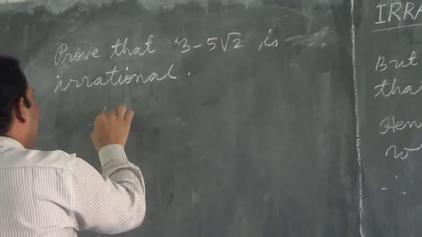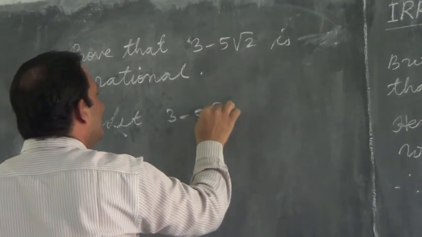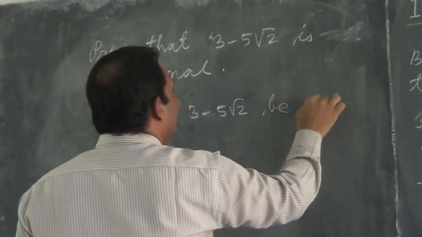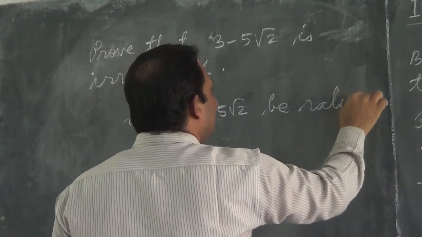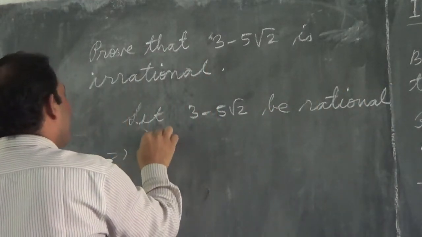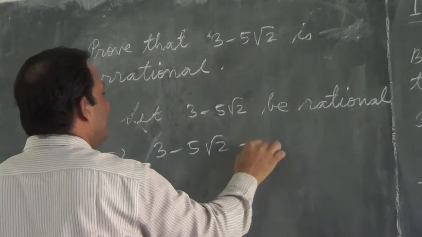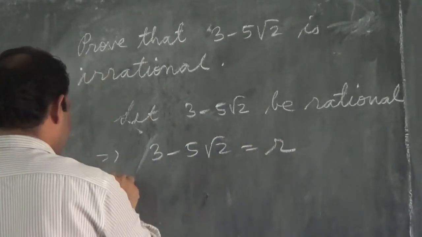So I will write here, let 3 minus 5 root 2 be rational. That implies 3 minus 5 root 2 equals r.